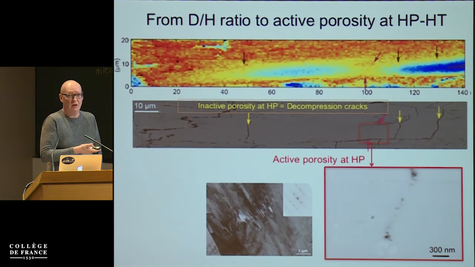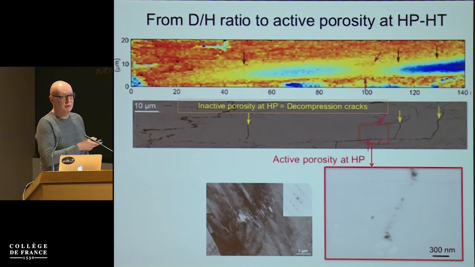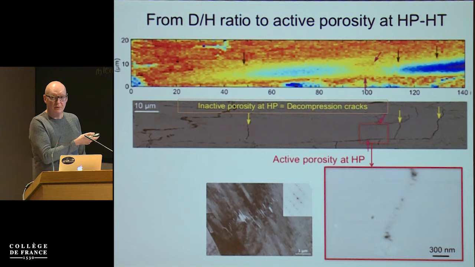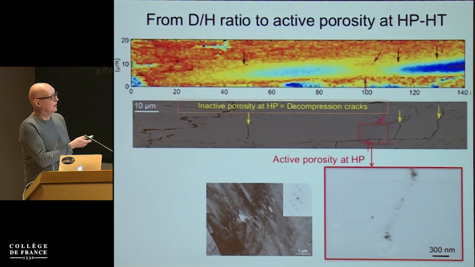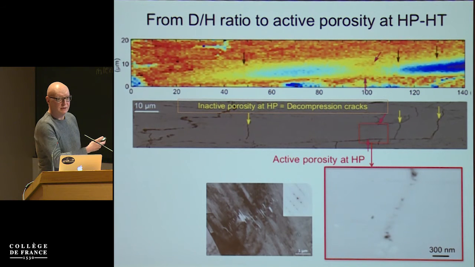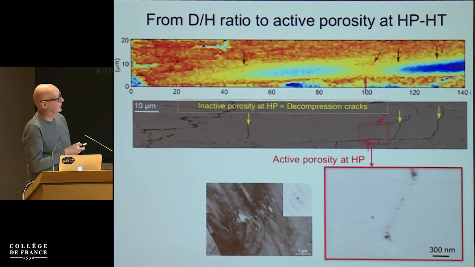So you could say, well, why bother about deuterium hydrogen exchange? We could use this kind of picture to determine the porosity. But the problem is that the porosity we see at the end of the experiment is not the porosity that was active during the high pressure and high temperature experiment in the conditions of the subduction zone.